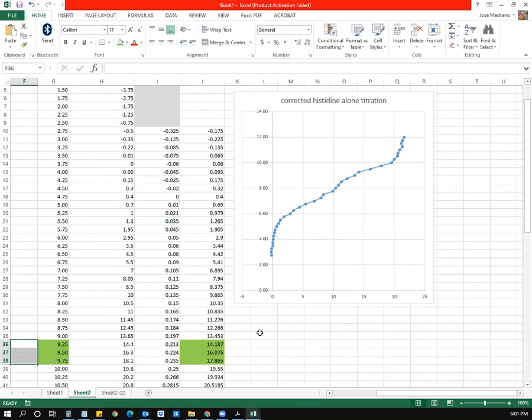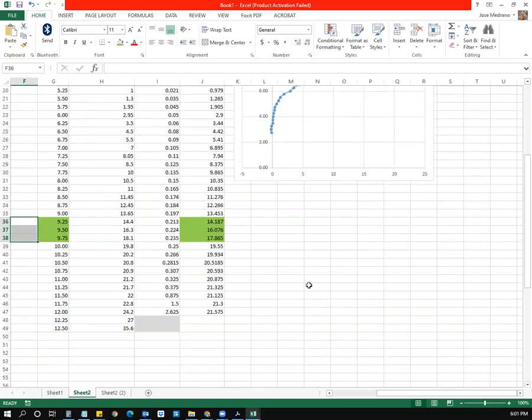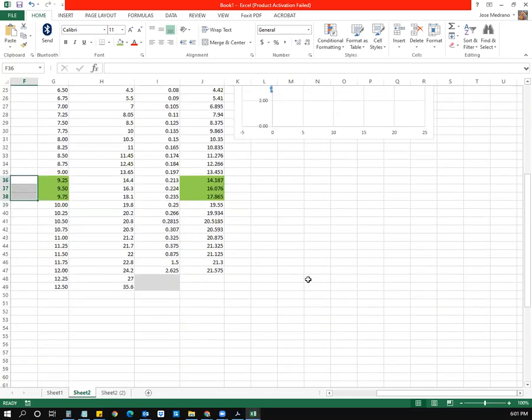Can I annotate this? I should be able to. Here we go. Okay, I'm just gonna find some white space really quickly here.